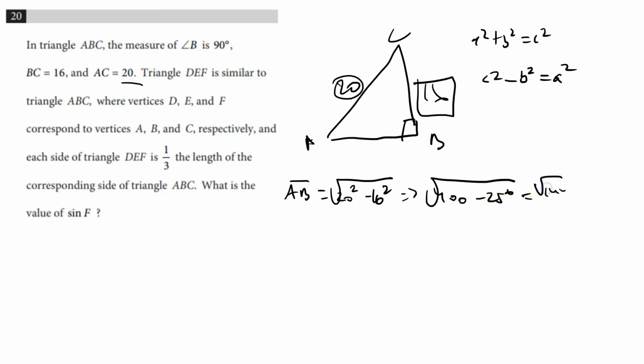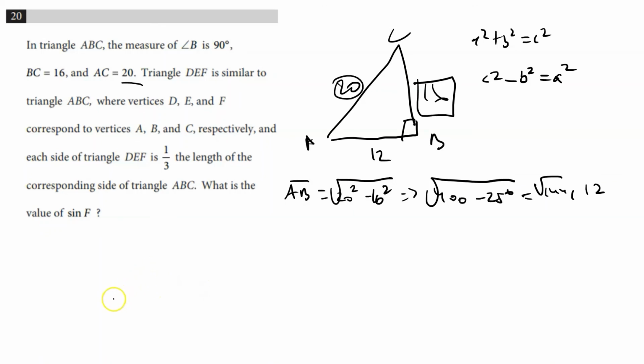We take the square root of 144, which you should know is 12. So this length right here is 12. Note you also could have solved this as a 3, 4, 5 right triangle, using a proportion, but we didn't do that, so I'll just move on to triangle DEF.